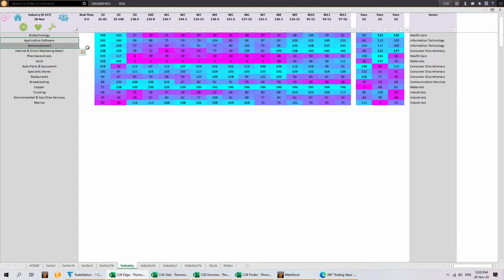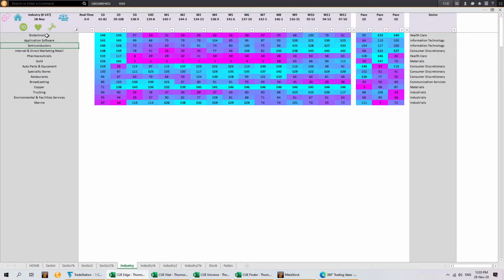Remember earlier, while doing the internal analysis and market analysis, we found out based on data that technology stocks are actually strong, though megacaps are not so strong. And now we can see further confirmation of that from Q Vital and Q Edge. The strongest fundamental stocks are going up, and many of them are in application software and semiconductors.